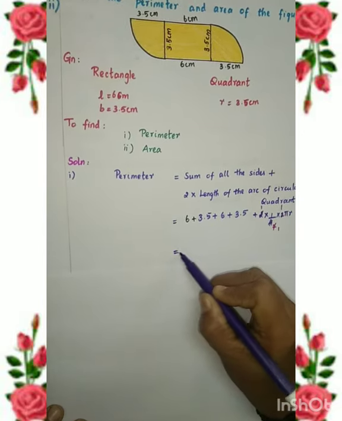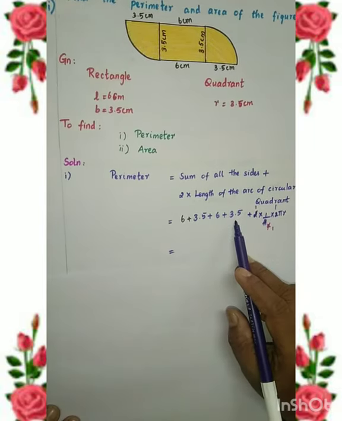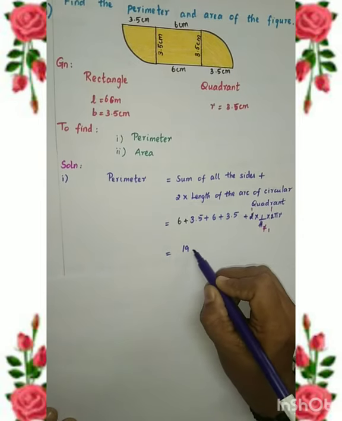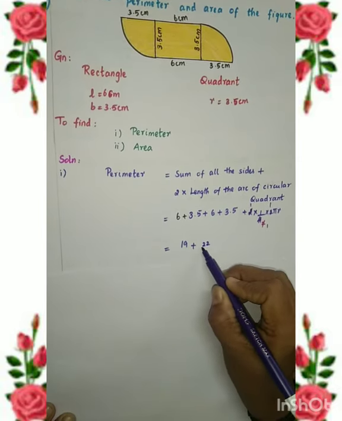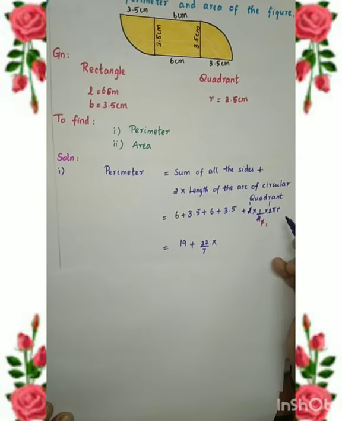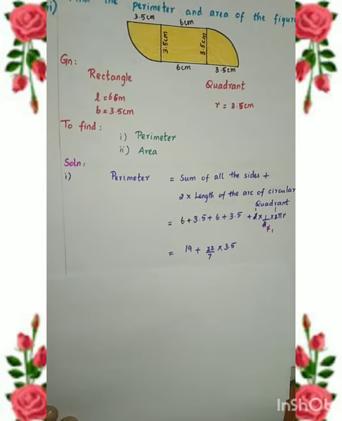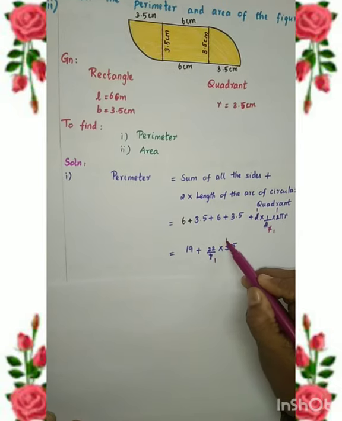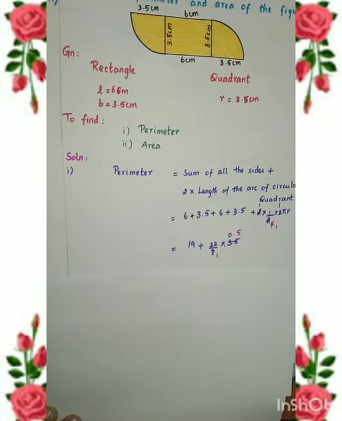Here 6 plus 6 is 12, 3.5 plus 3.5 is 7. So 12 plus 7 is 19. Plus the pi value 22 by 7 into the radius 3.5. Then again we can cancel with the 7 table: 7 1s are 7, 7 5s are 35. It's a decimal point, so we write 0.5.